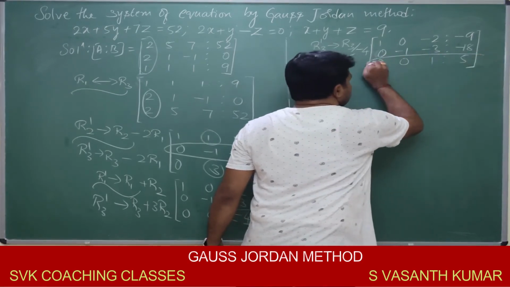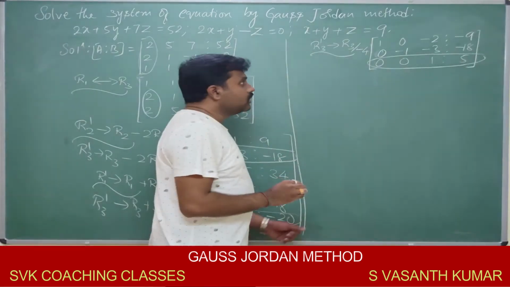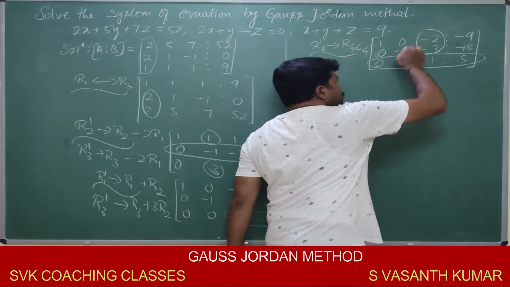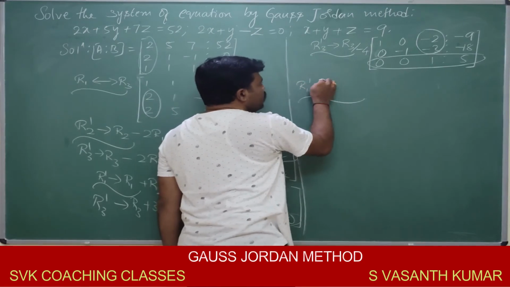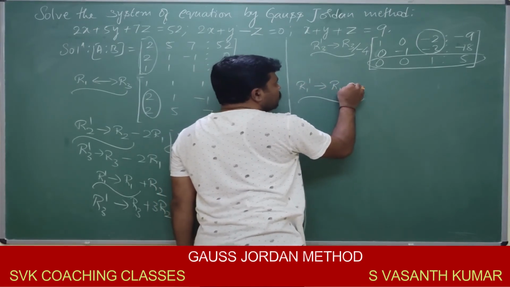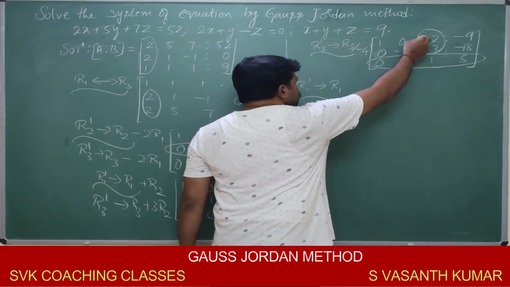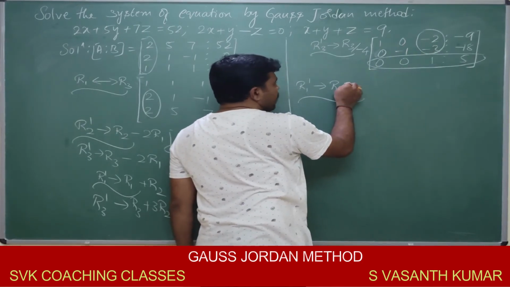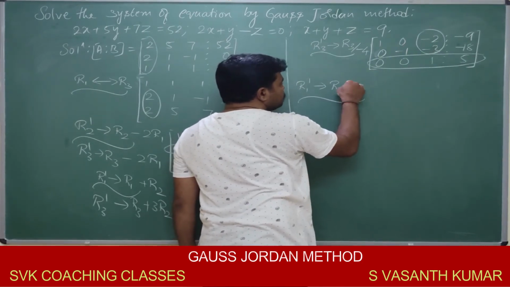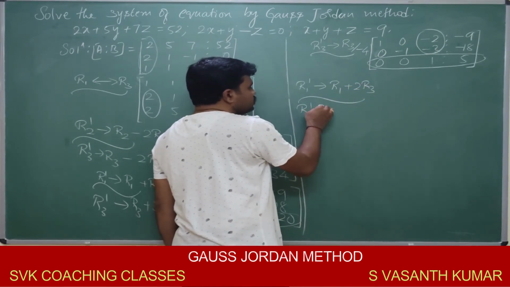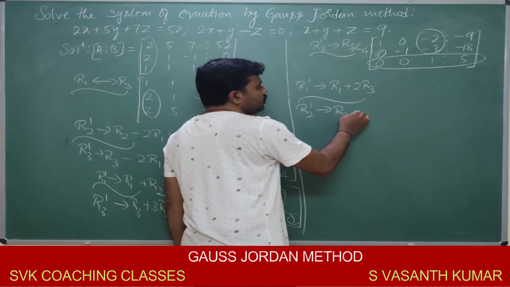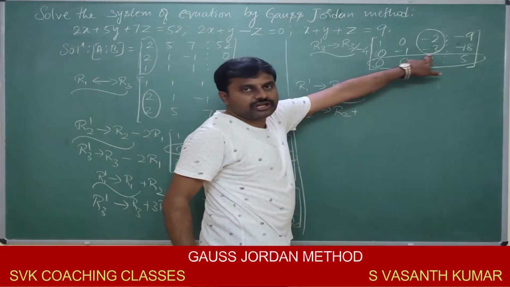Now keeping R3 as constant, we are going to make these two elements 0. So R1 dash changes to R1 plus 2 times R3, as we have opposite signs here. R2 dash changes to R2 plus 3 R3, as we have minus 3 here.